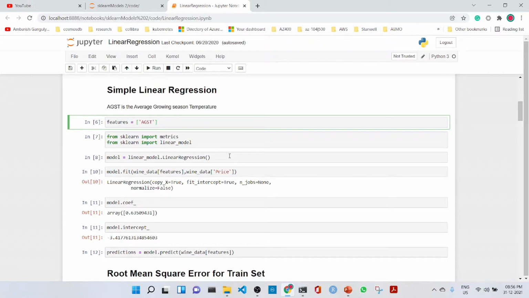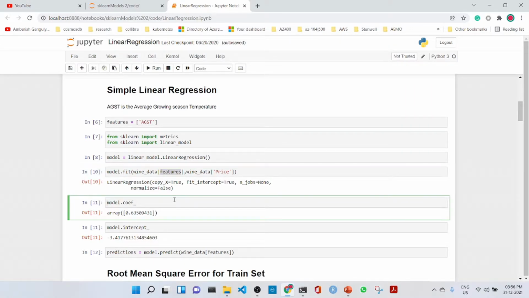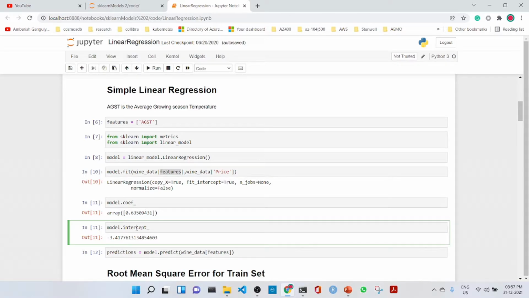We create a linear regression model. Then we fit using the features, which is the AGST, and the wine data price. The coefficient is only 1, the intercept is only 1. And we do the predictions here.